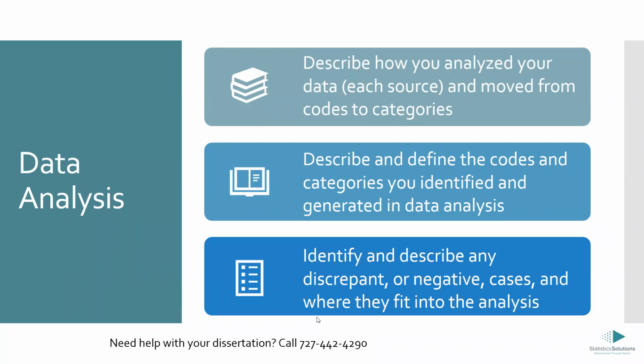From there, I grouped them into categories, larger units of meaning based on similarities of the topics in the codes. And this resulted in 28 categories. Then I moved into grouping those categories into themes, the biggest units of meaning that can be made from the data.